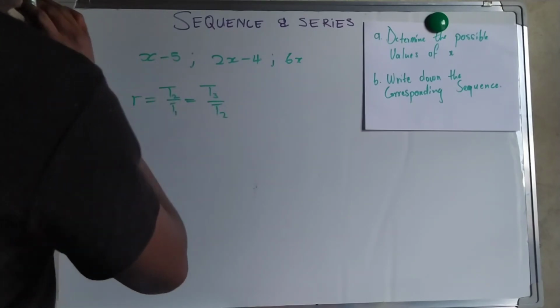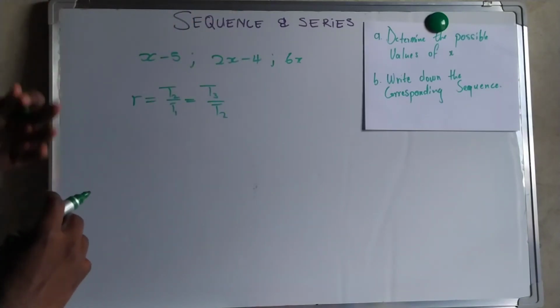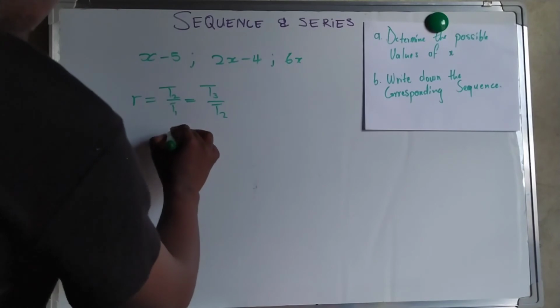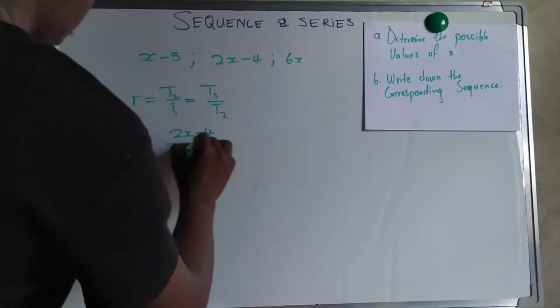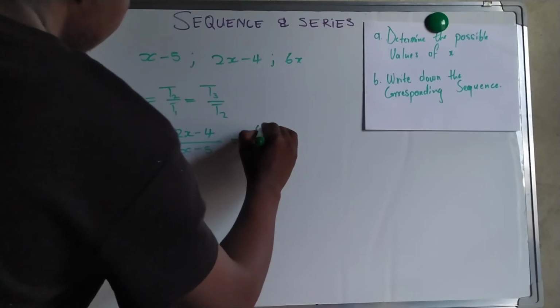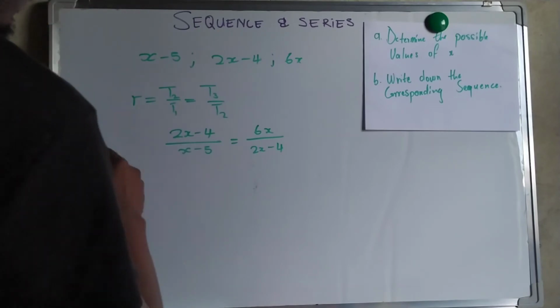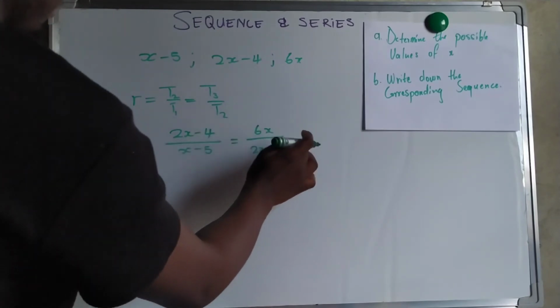So this is what will help us to solve for x here. And to put this in motion, we're going to say 2x minus 4 all over x minus 5 is equal to 6x all over 2x minus 4. Okay, because this is t2, this is t1, this is t3, this is t2.